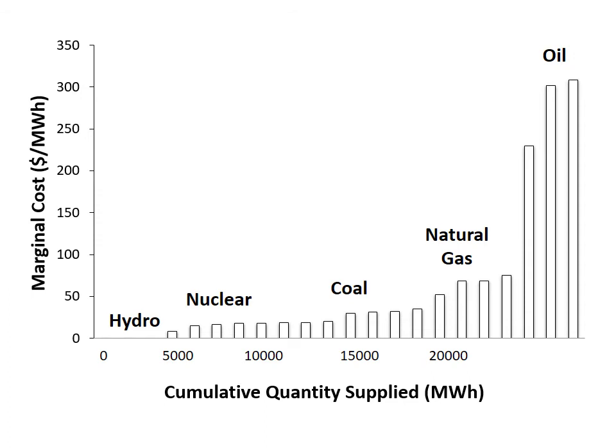So if we look at the marginal or even variable cost of electricity production at different types of technologies, so hydropower, nuclear, coal, natural gas, oil, you could have solar and wind on here and they would be all the way to the left. And then we stack them.